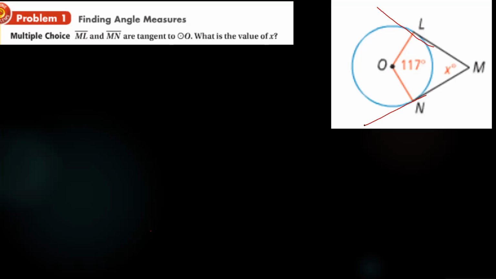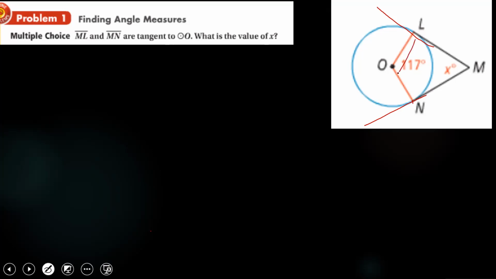The first tangent line, let's name it ML, touches the circle at point L, the point of tangency. And MN touches the circle at point N. So ML and MN are tangent to the circle with center O. I want now to find the measure of the angle X.